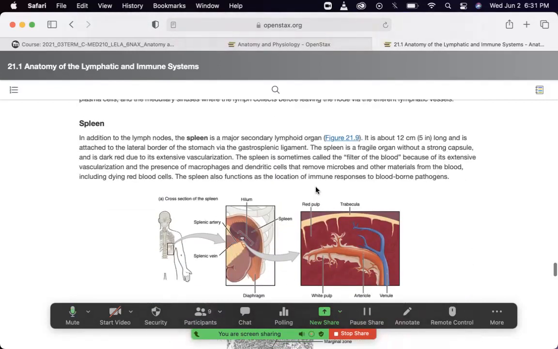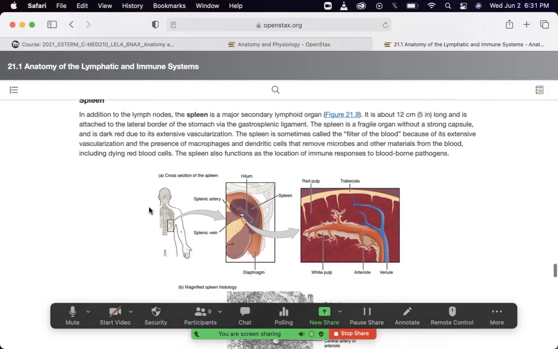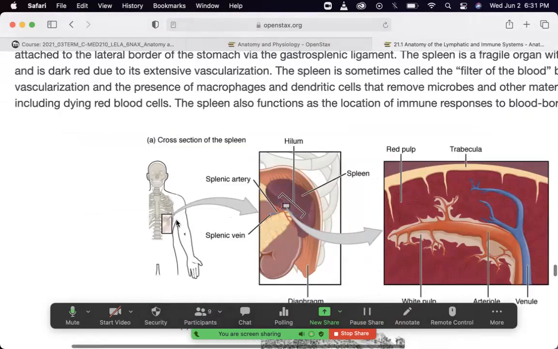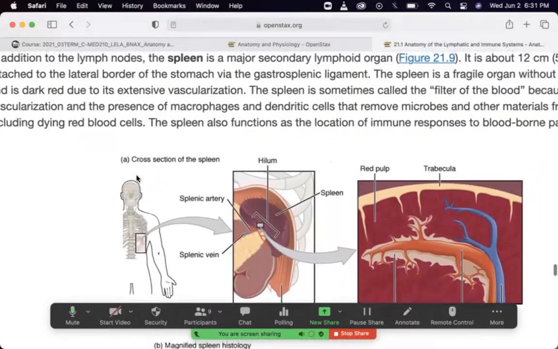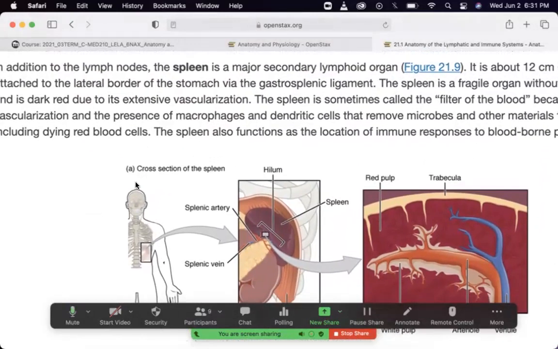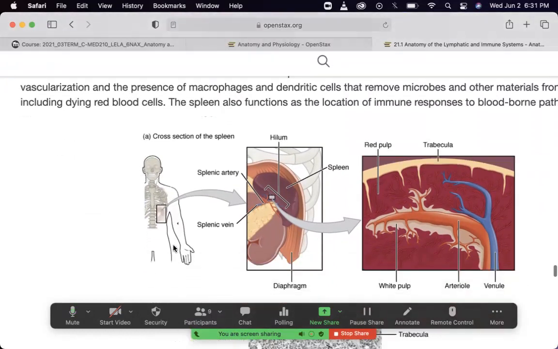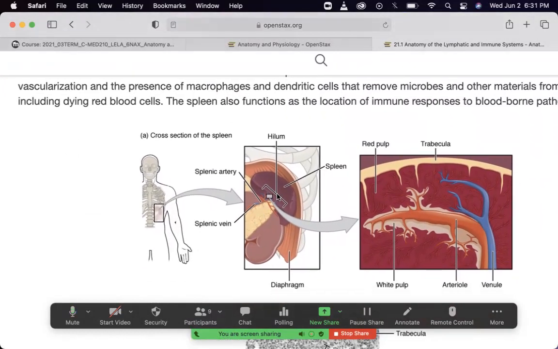Okay, now let's talk about the spleen. If you look here, let me enlarge it a little bit. It's located in your left lower quadrant, and it is a major lymphoid organ in that it does two things. One, it stores extra red blood cells just in case anything happens.